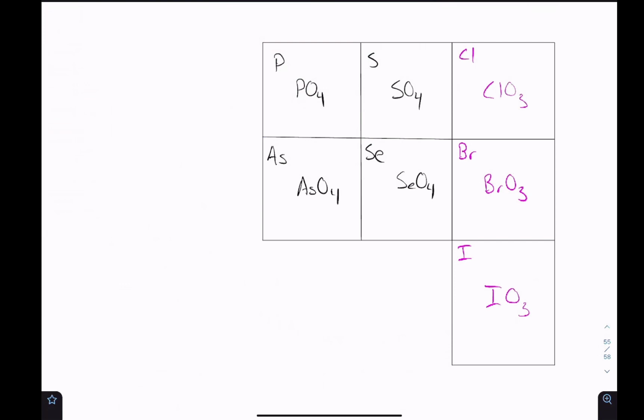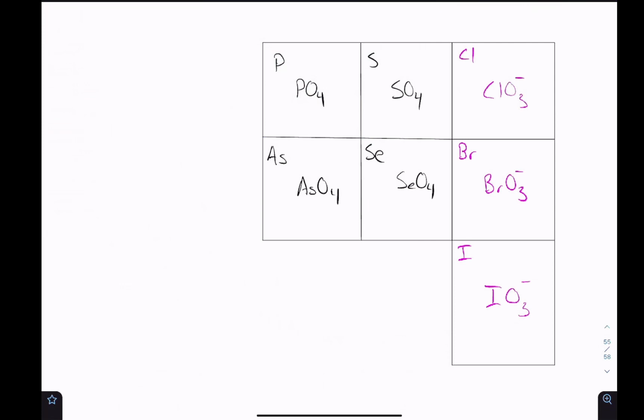Chlorate, bromate, iodate. And the best part about this is, what charge does chlorine form? 1 minus. What charge does chlorate form? Also a 1 minus. So chlorate, bromate, iodate, 1 minus.